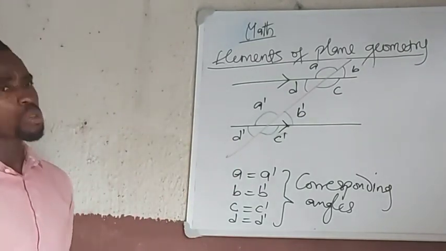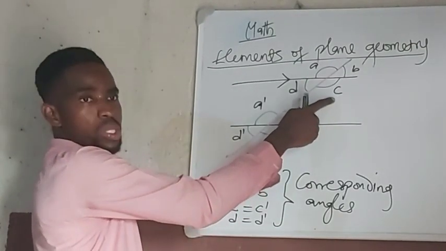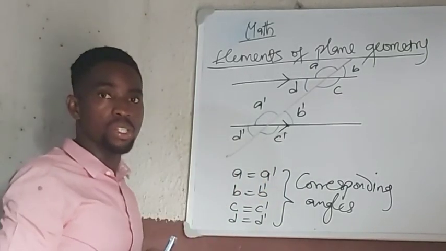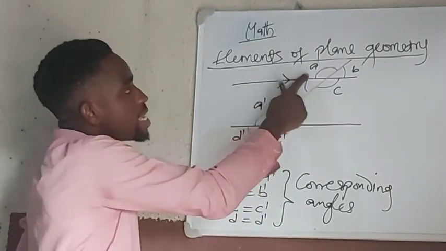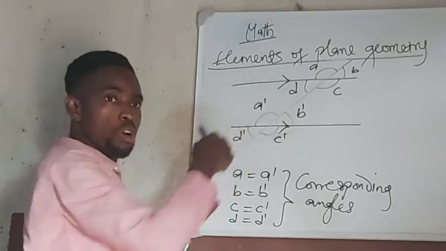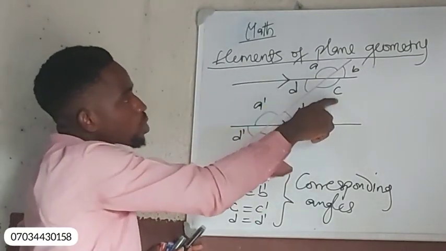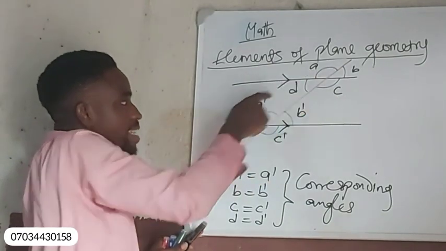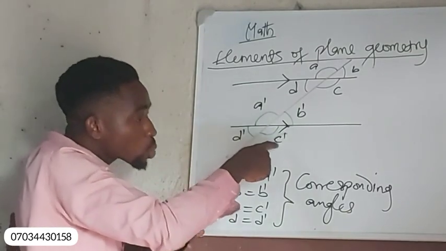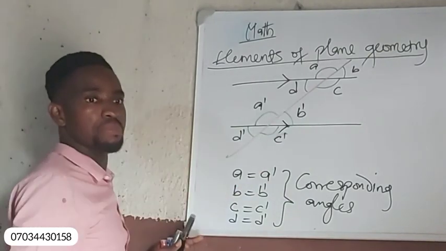Also, taking from what we have learned before, you can see that A will be equal to C prime. A is equal to C because they are vertically opposite angles, just like we mentioned. Also, B is equal to D because they are vertically opposite angles. Now, since A is equal to C, and this A is equal to this A prime, and also this A prime is equal to C prime, it means that this A is equal to this C prime.